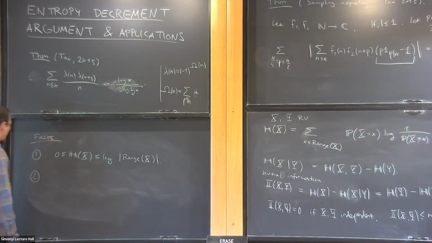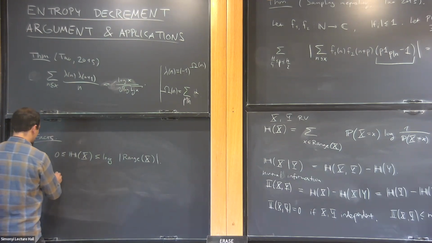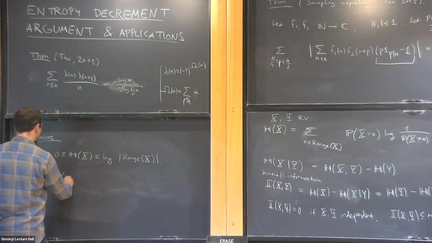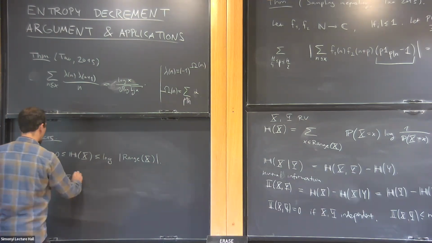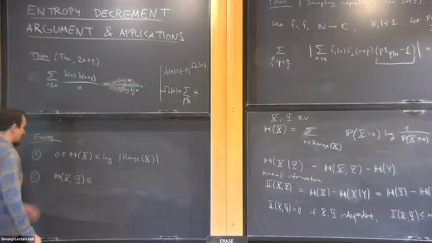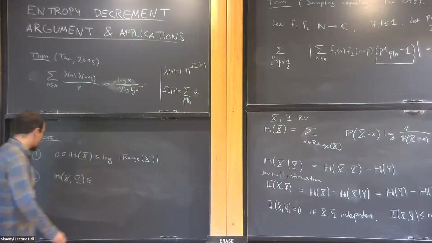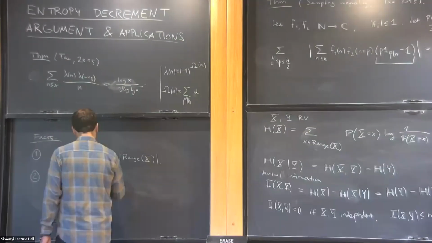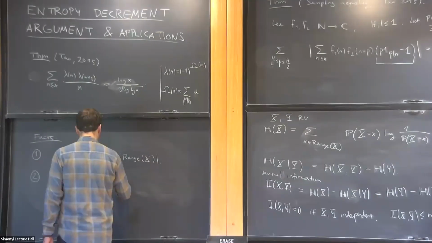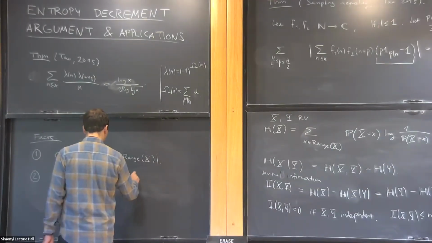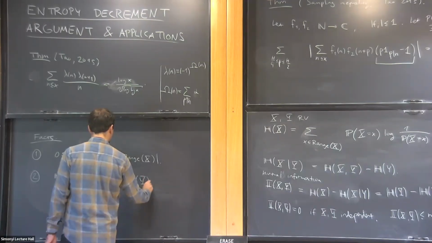Another property is the sub-additivity of entropy. The entropy of the pair x, y is always bounded from above by the entropy of x plus the entropy of y.